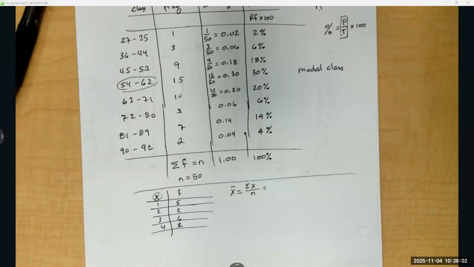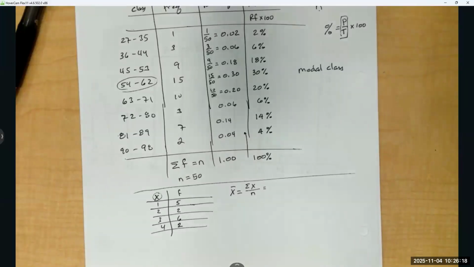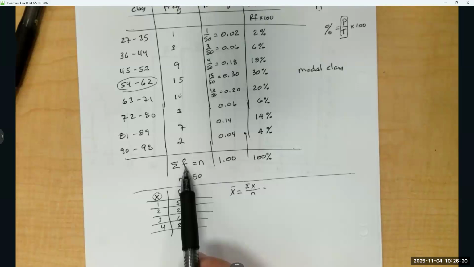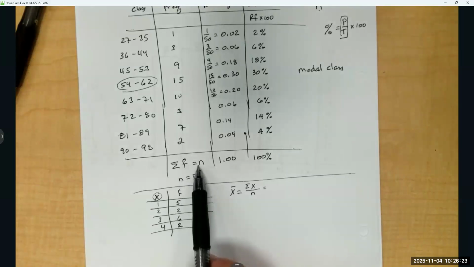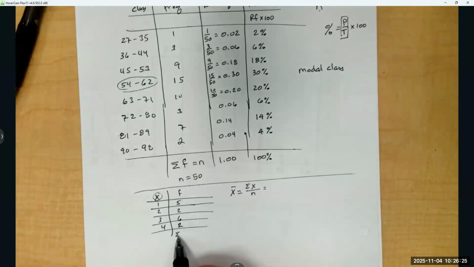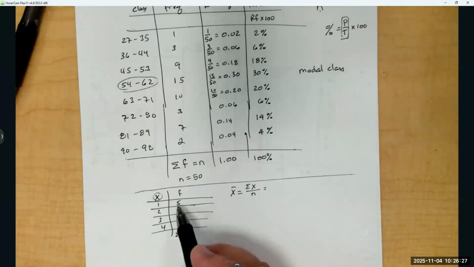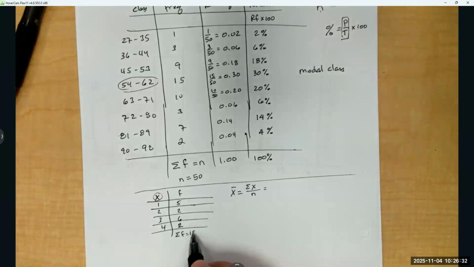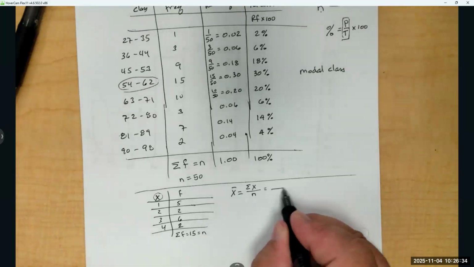It's still on the screen. Right. Add up all your frequencies, you get N. So the summation of all your frequencies: 5 plus 2 is 7, 6 plus 2 is 8, 7 plus 8 is 15. That is what our N equals.